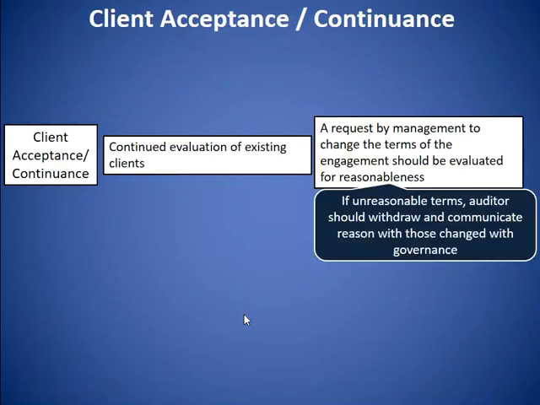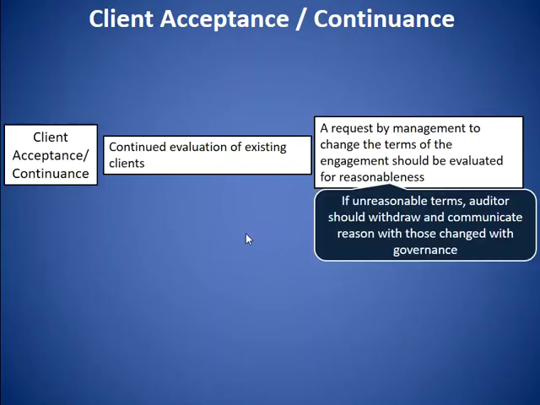Now, again, with client acceptance and continuance, if we have a continuing client, sometimes when they want us to engage in a new audit, a request by management to change the terms of the engagement should be evaluated for its reasonableness.